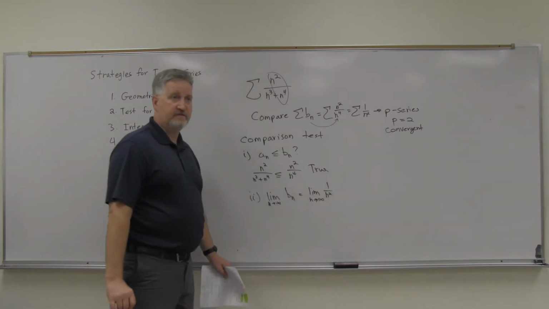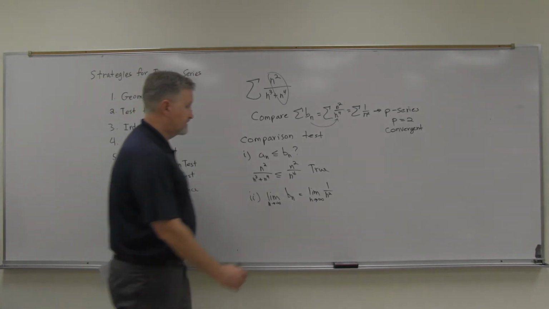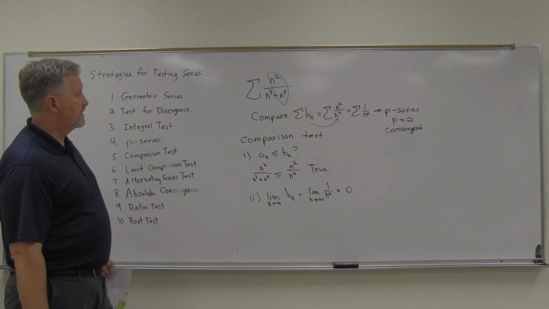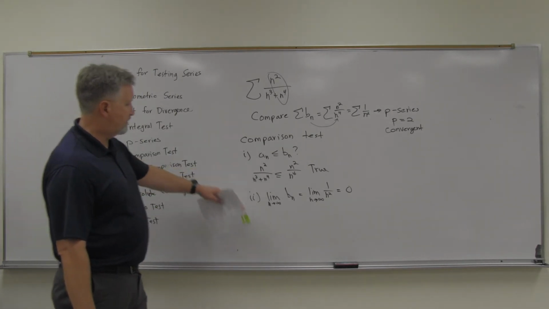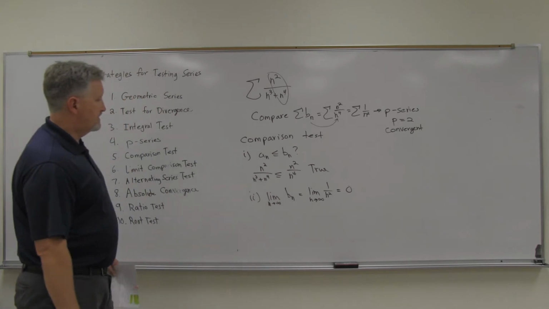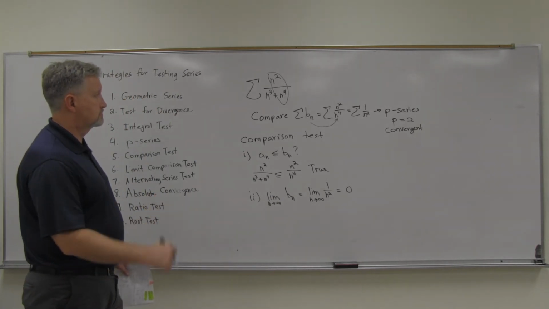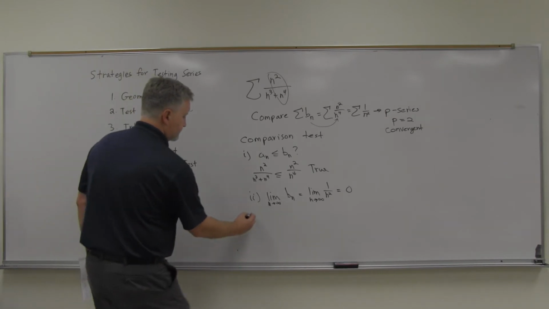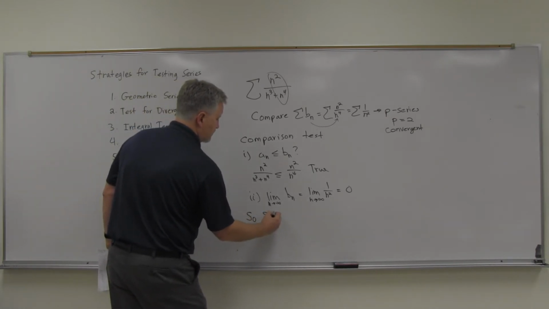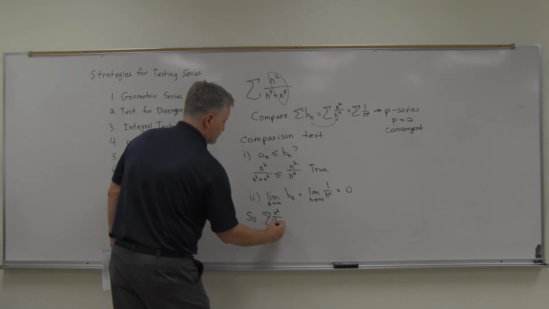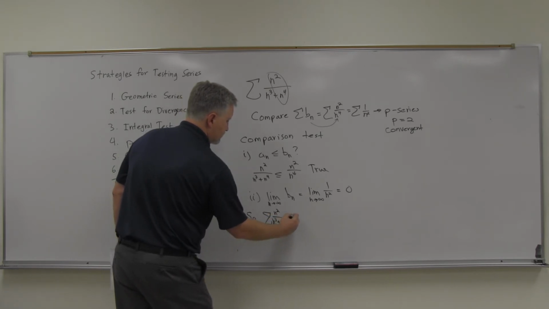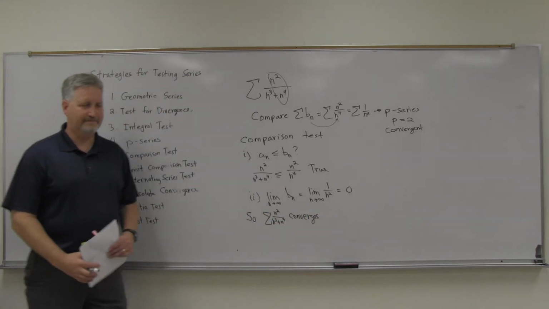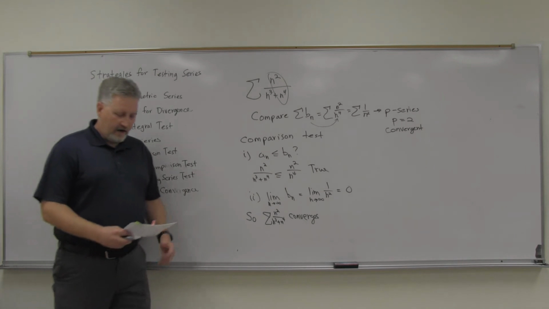Look at the limit of the B sub n's. And yeah, that is going to be 0. So we got part one is true, limit of the B sub n is 0. We're good to go, aren't we? Convergence. Okay. All right, now.